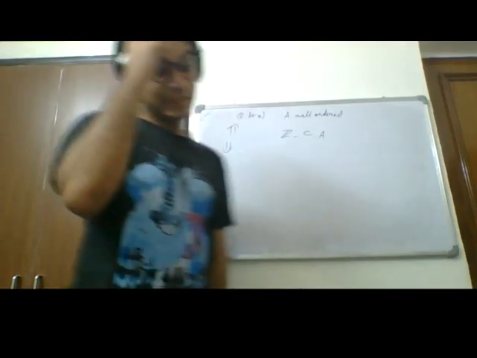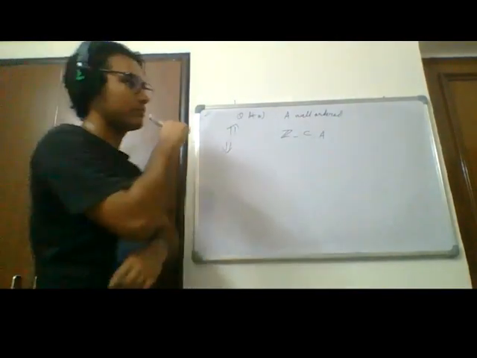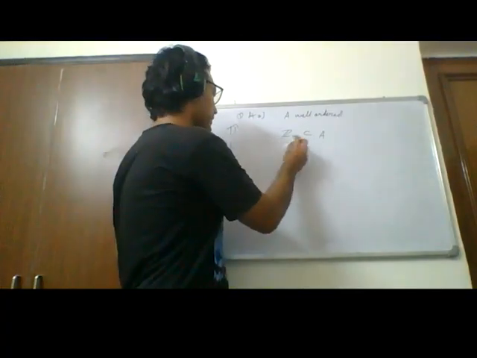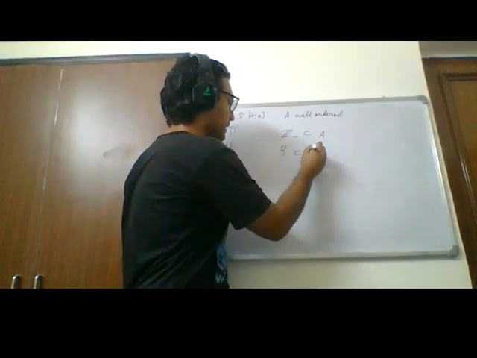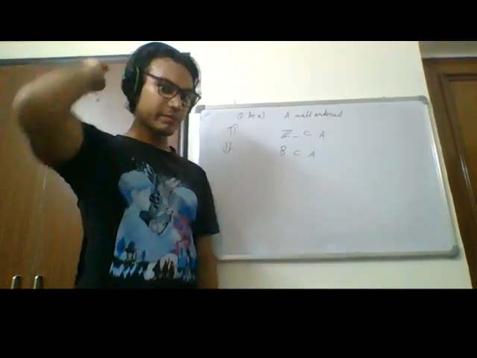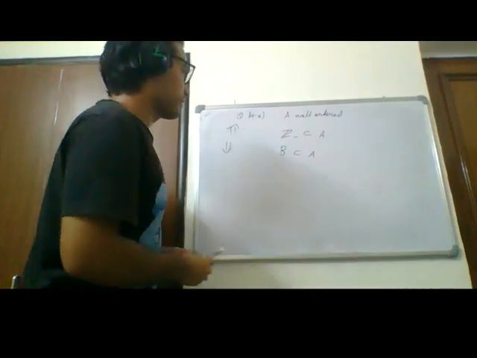So yeah, A fails to be well ordered. Now, okay. So if A fails to be well ordered, there exists a subset B of A such that it doesn't have a least number, right? And it's non-empty. That's more important.